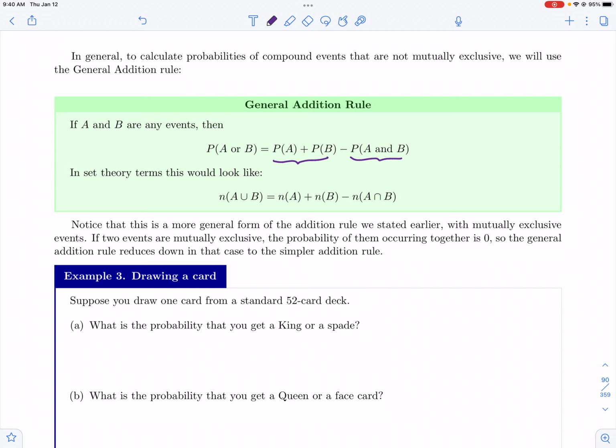The nice thing is this rule applies even if the sets are disjoint, because if the sets are disjoint, there wouldn't be anything in there, so we'd subtract 0 away. So this rule actually does work even in the disjoint case as well.